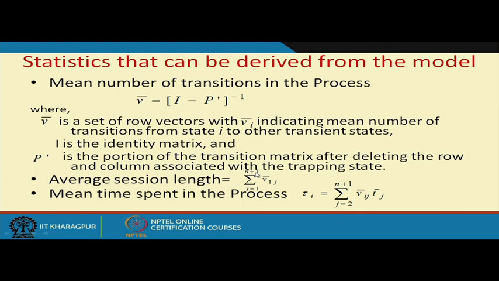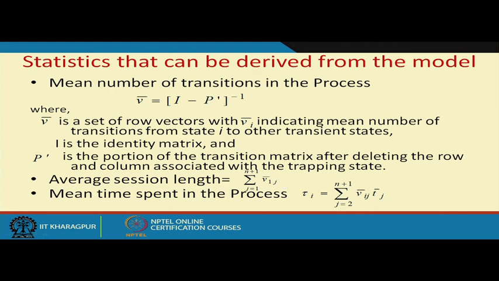Please do not get confused, because in the first slide I made the nth state the last state, but in the slides which will be given to you, this modification will be made. So, for the n plus 1th state, which is the last state, if you add up all these nu bar values from your entry state to all other states, that will give you the average session length.